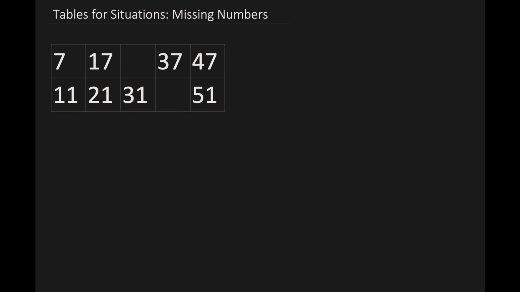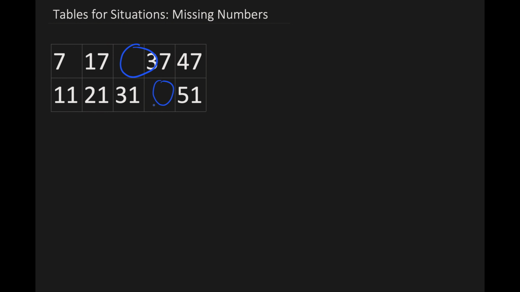Alright guys, now we're going to be talking about tables for situations, missing numbers. We covered the regular tables for situations, but now we have to figure out the missing numbers here. We have 2, and we're going to have to figure them out. How do we figure that out? For this one, you have to solve the rule first.